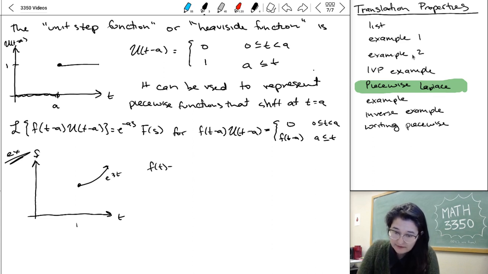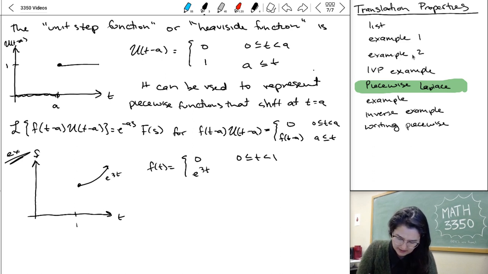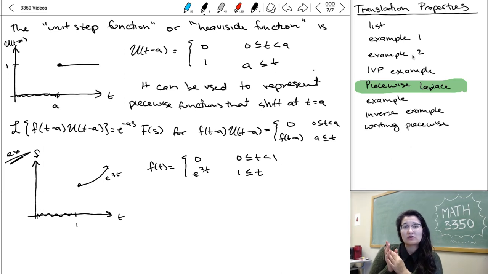This is f of t equal to 0 or e to 3t. First, up until 1, it's 0. There. I'm doing the squiggly lines just so you can see it's different from the axis, not because it's a squiggly function. And then for t bigger than or equal to 1, I drew that exponential that it's taking off as.